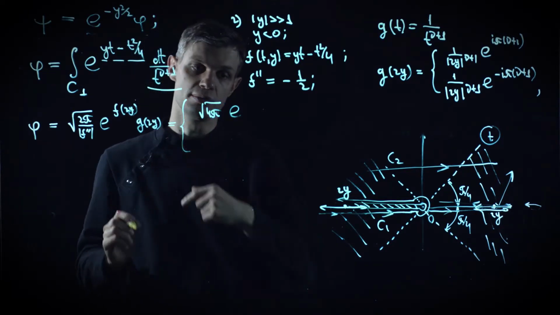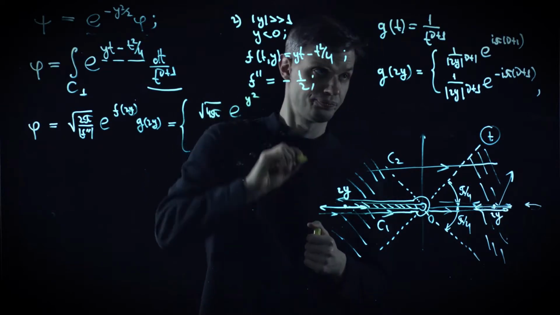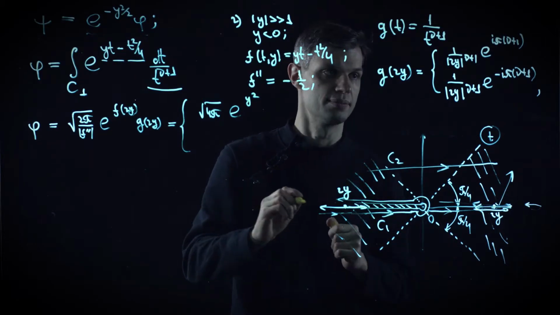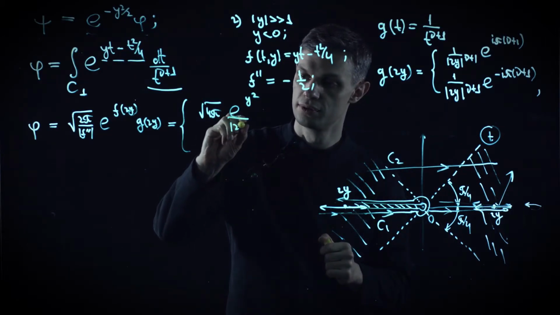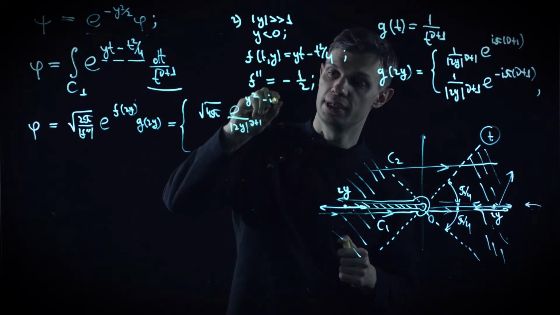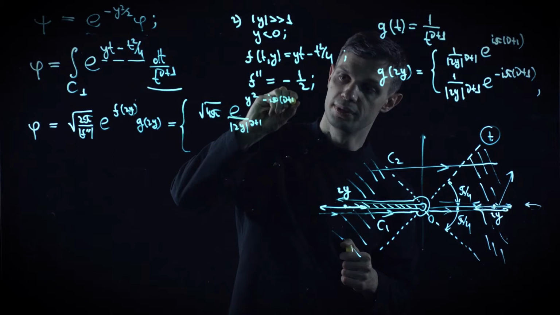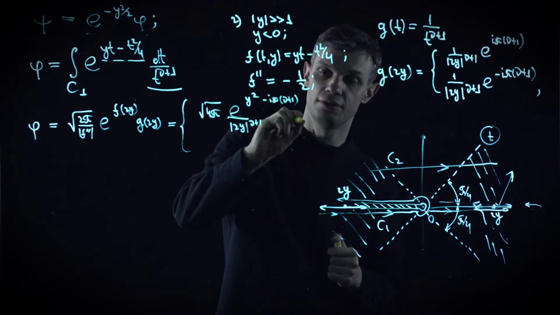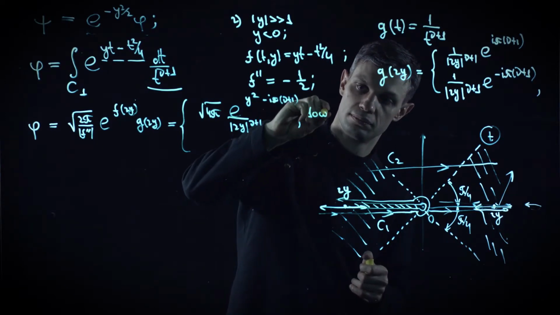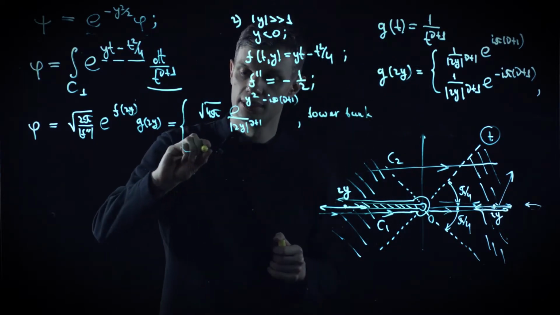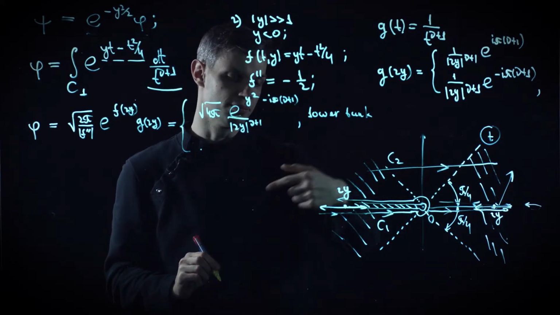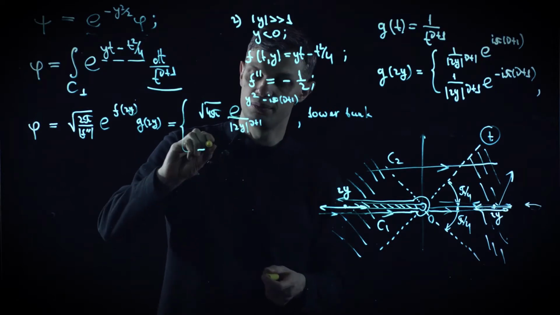So it's 2y squared minus, so it's y squared, divided by the modulus of 2y to the power nu plus 1, times e to minus i pi times nu plus 1. It's for the lower bank. And similar for the upper bank, but it's passed in the opposite direction from plus infinity to minus infinity, so there will be an additional minus sign here.